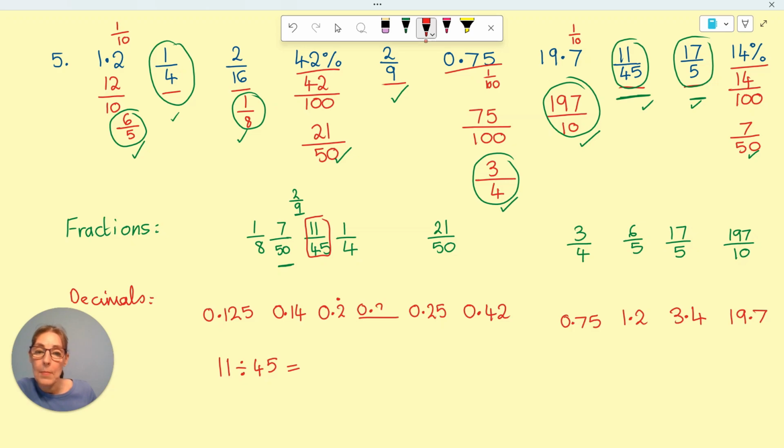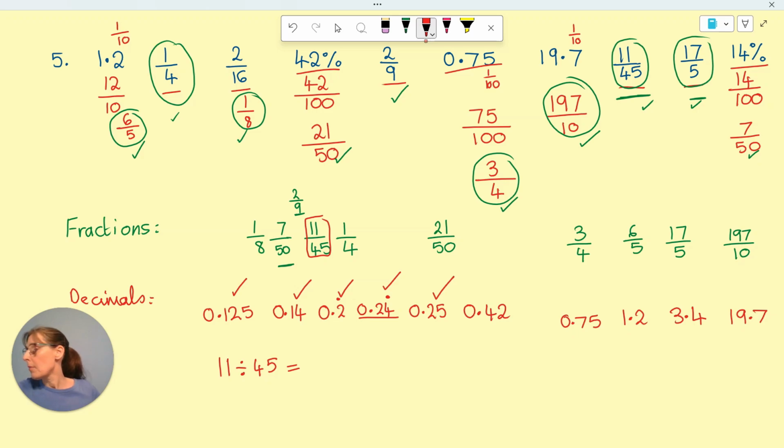So it's slightly bigger than this one, isn't it? So we've got 0.125 first, which is 1/8 or 2/16. And then second, we've got 0.14. And then third, we have 0.22222. And then fourth, we've got 0.244444.